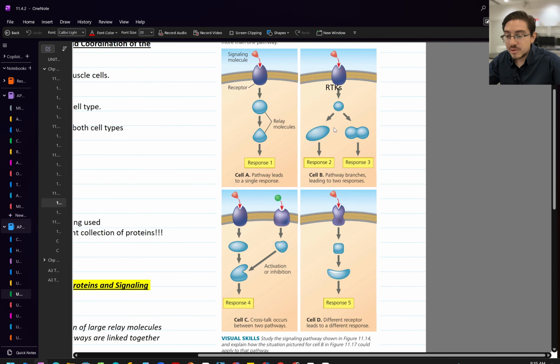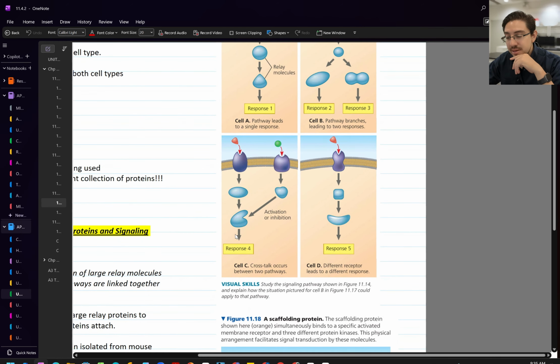In another cell, the signaling pathway can actually branch into multiple parts where this RTK can activate a particular protein, and that protein itself can activate 2 different types of proteins, which can create 2 different responses, response 2 and response 3. Cell C can activate response number 4, where you have a signal, some ligand A and ligand B working together, okay, in regulation, right, to create another response, and then another response, right, for cell D.